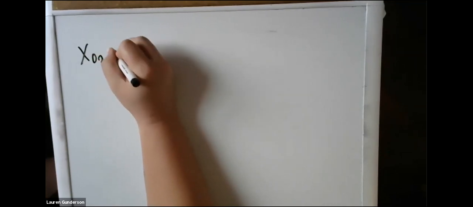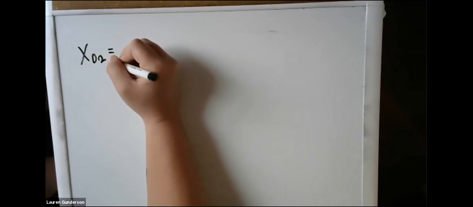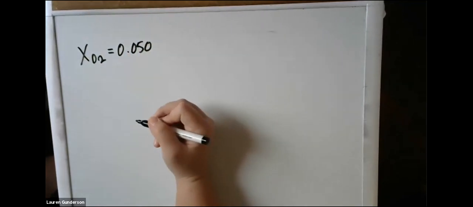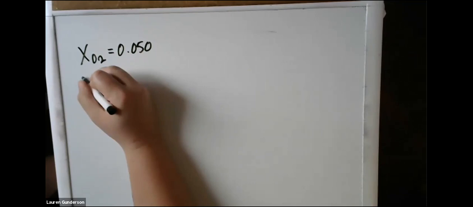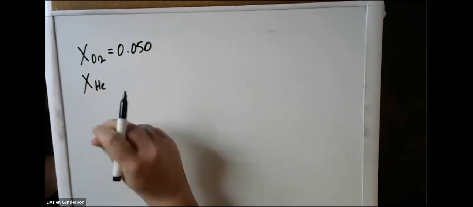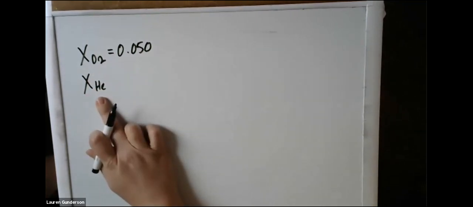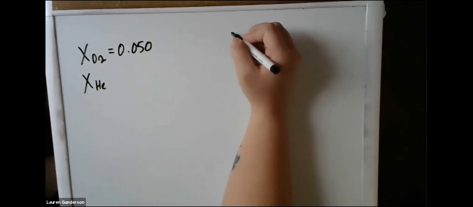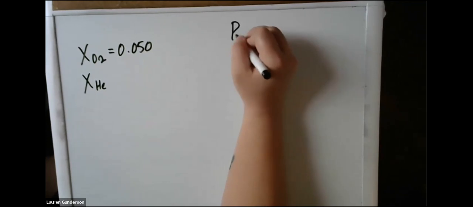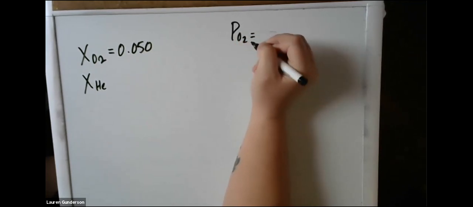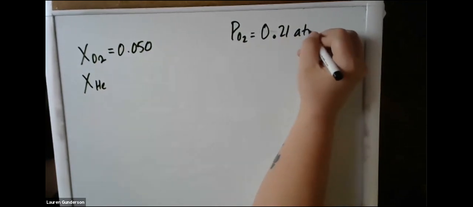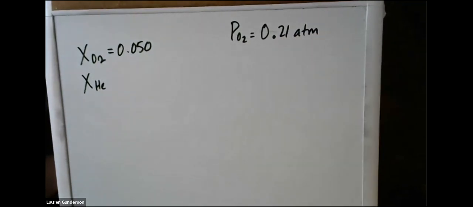So our mole fraction for oxygen gas is 0.050. Okay, and it's a heliox mixture, so there must be a mole fraction for helium as well. We also know that the partial pressure of oxygen is 0.21 atmospheres, and we're looking for the total pressure.